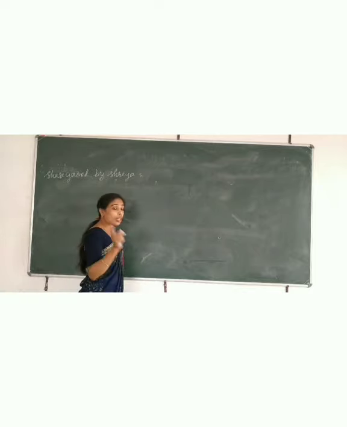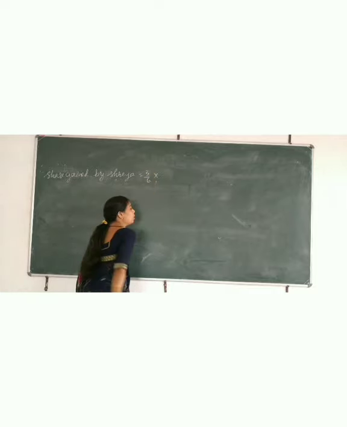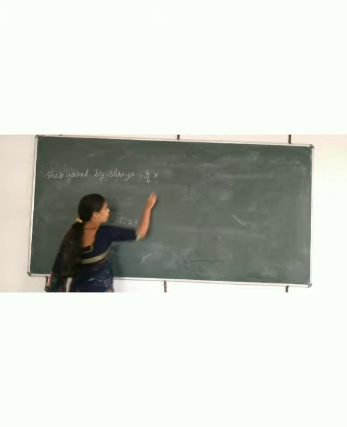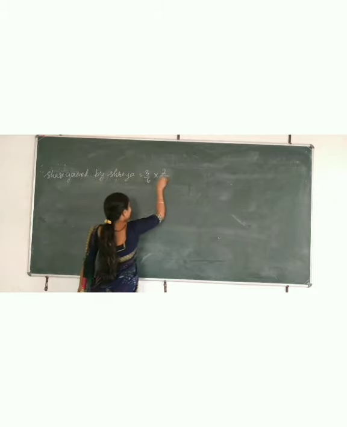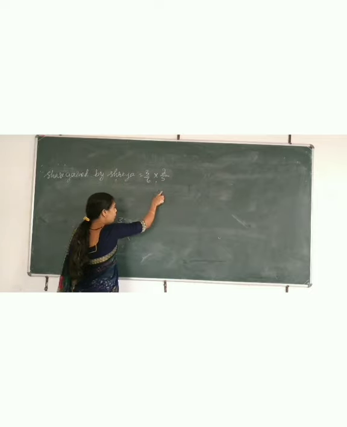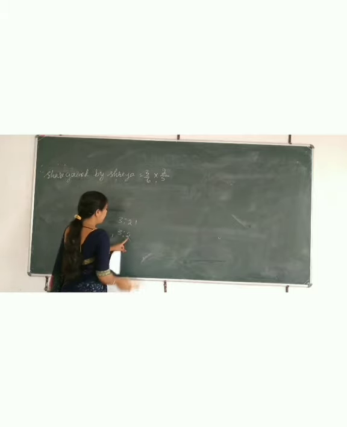How much is Alka's share? 3 by 6, into the agreed ratio. The old profit sharing ratio was 3 is to 2 is to 1, and the agreed ratio was 3 is to 2, so 2 by 5 is Shreya's agreed share. So 3 by 6, Alka's share, into 2 by 5.